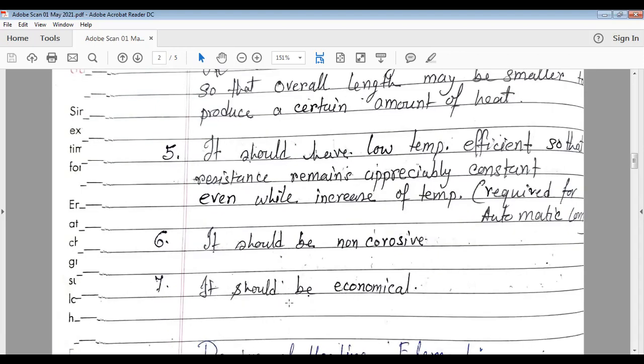Now, point 7, it should be economical. This is the main target of all engineers and professionals, because if something is highly expensive, then its use becomes restricted, but if it is economical, then we can apply it in many areas. Say we are using batch production, or some other furnace, just like an arc furnace. This is also an electrically driven furnace.